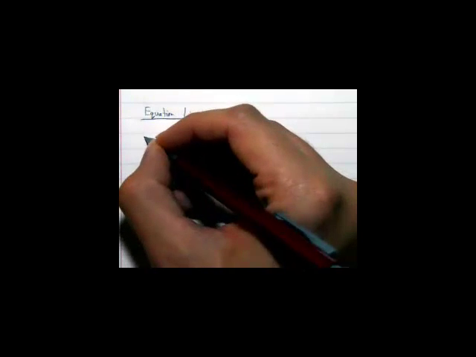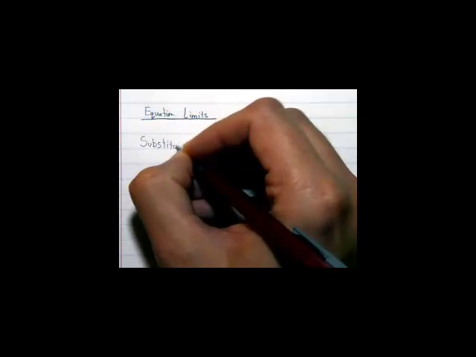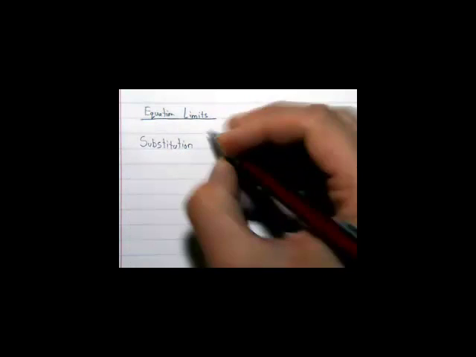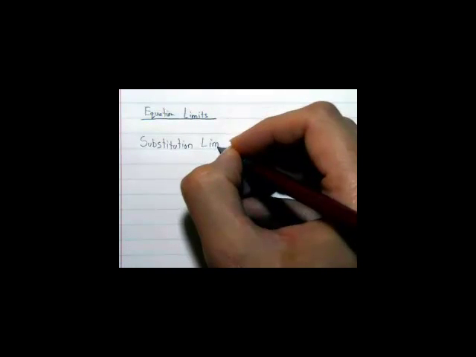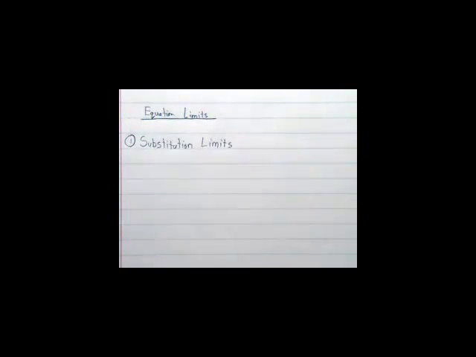You always hope for those. Those are called substitution limits. Because you're going to go through this progression: check for this, check for that, check for that. So substitution is the first thing you want to check for.